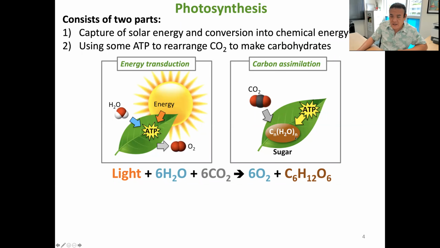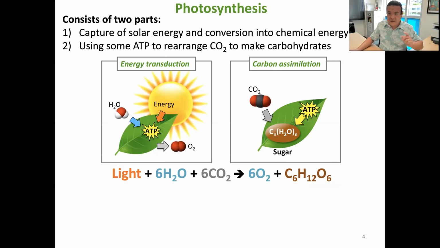So the net reaction, if you combine these two together, is that light plus 6 molecules of water plus 6 molecules of carbon dioxide, across these two different parts of photosynthesis, will yield 6 molecules of O2 as waste, and importantly, a molecule of glucose, of sugar.